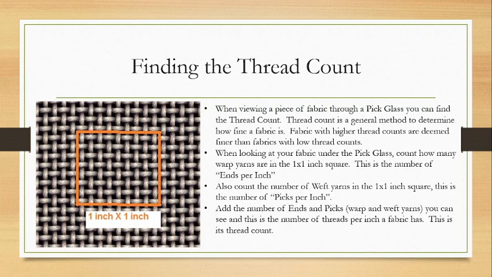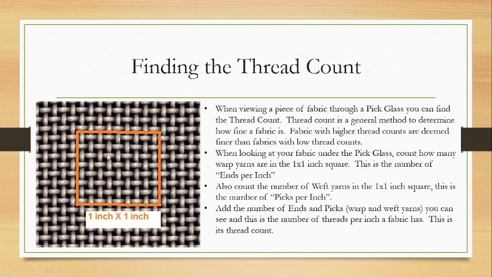We will also count the number of weft yarns in the square. 1, 2, 3, 4, 5, 6, 7, 8. So we have 8 picks per inch, or PPI, which is the number of weft yarns in that square.